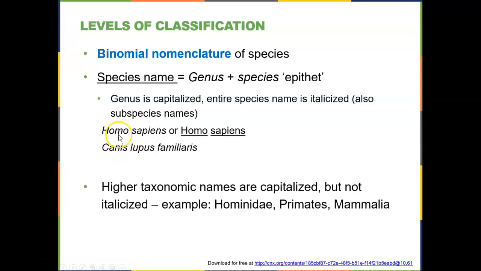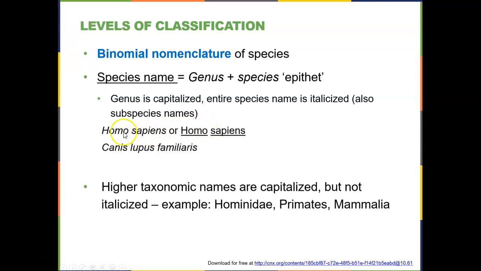If we see some examples here, we see Homo sapiens, that's us. Homo is the genus, sapiens is the species, and we see that the name is in italics with a capital H for the genus and a small s for the species.